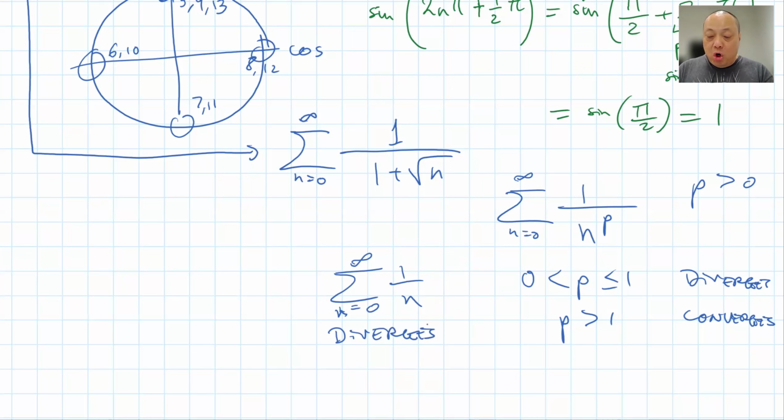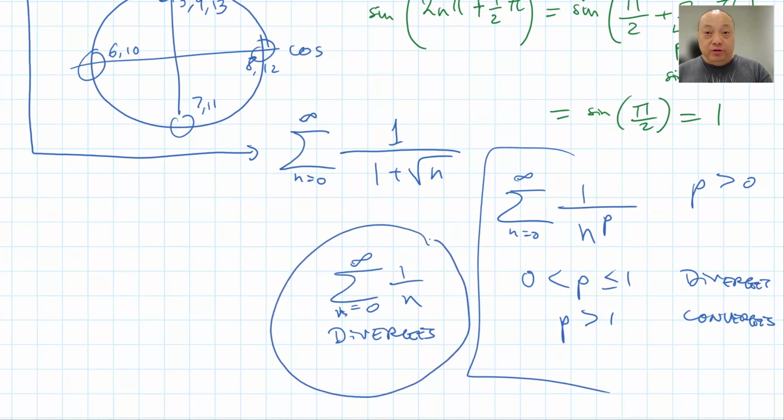If you don't remember all the rules about the p-series, at least remember that the harmonic series diverges, because the harmonic series is very useful in proving that other series diverge. It sits right at the margin of being divergent.